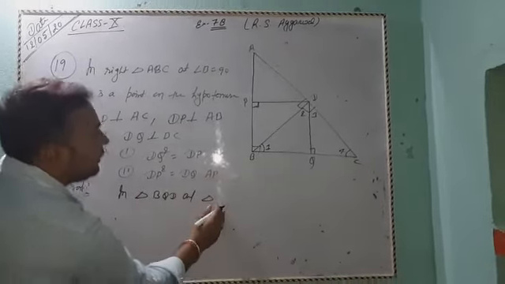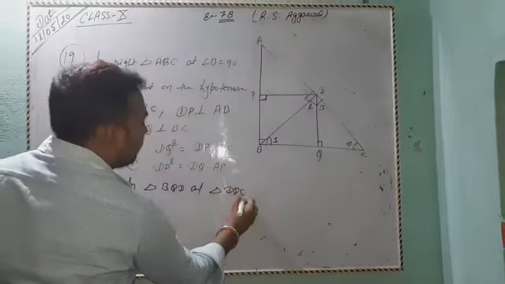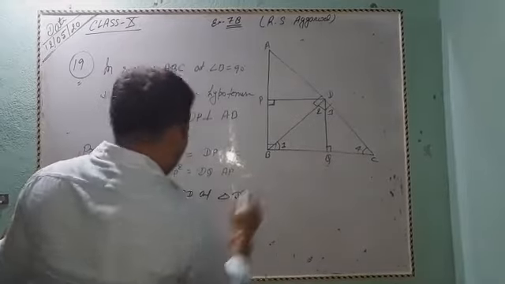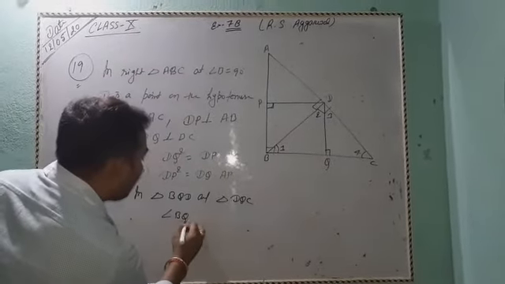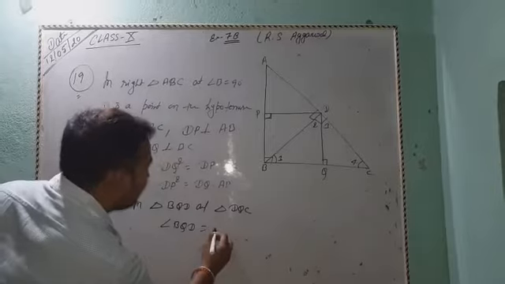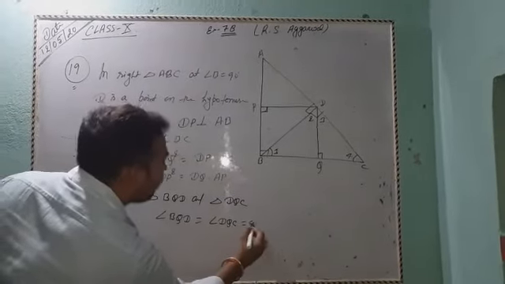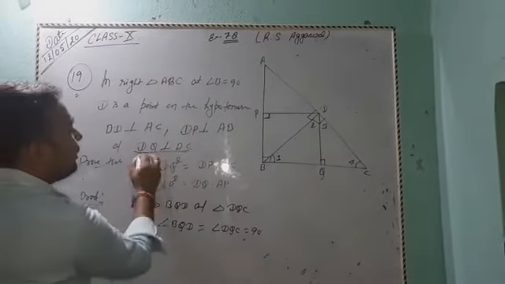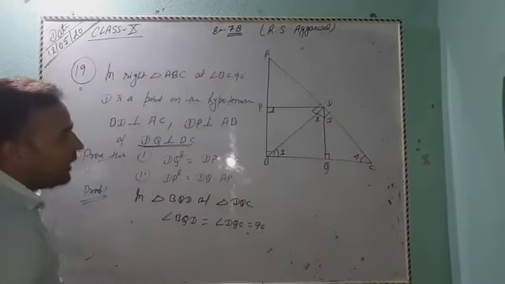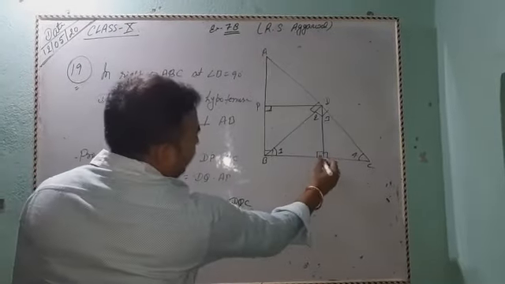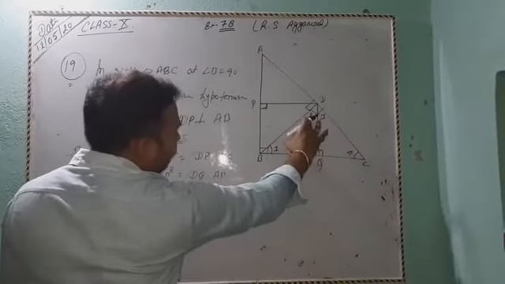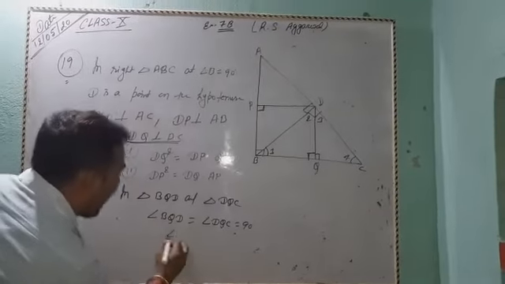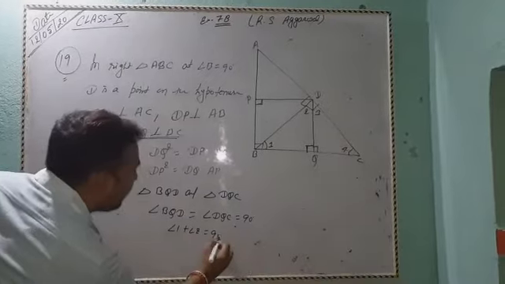Angle BQD equal to angle DQC equal to 90 degrees, because DQ is perpendicular to BC, right? And these are 90 degrees. So in triangle BQD, angle 1 plus angle 2 equal to 90 degrees.